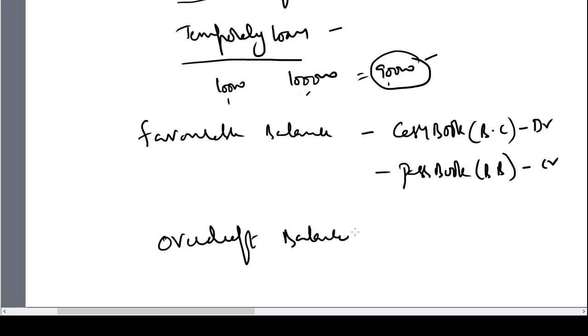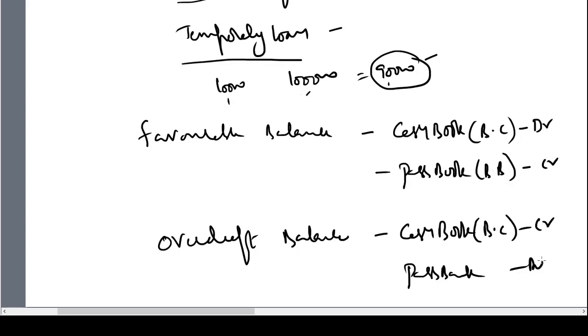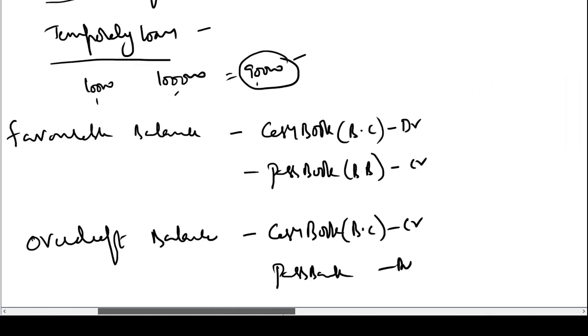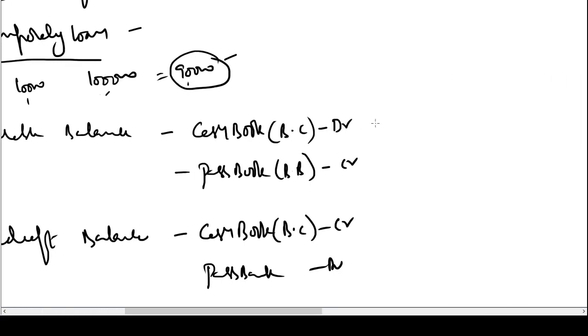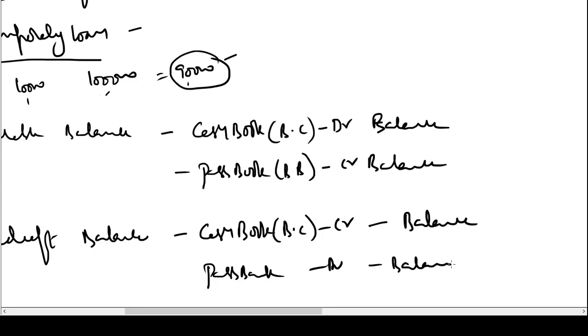Overdrawn balance, we have withdrawn more than what we have deposited. In such case, we'll say cash book, that means the bank column, credit balance, and passbook will have a debit balance. So favorable balance means debit balance in cash book and credit balance in the passbook. Overdraft balance means credit balance in the cash book and debit balance in the passbook.